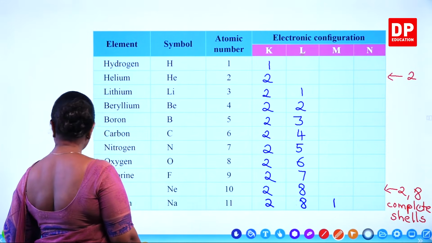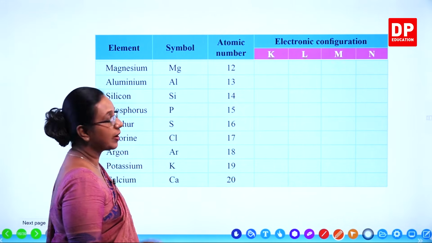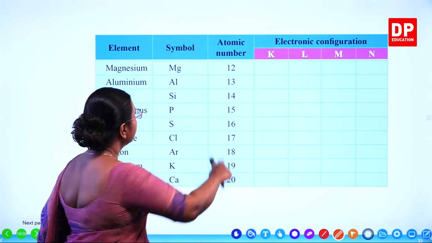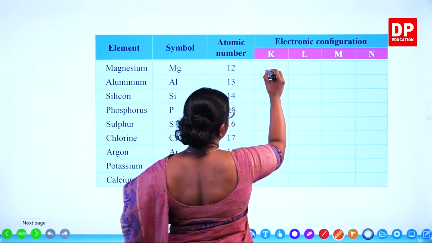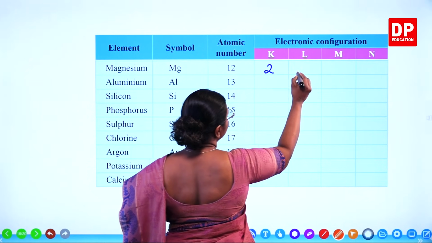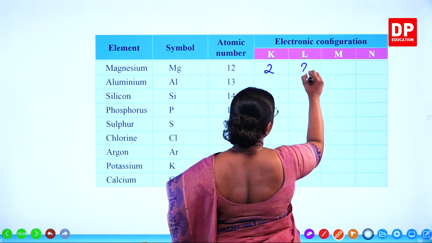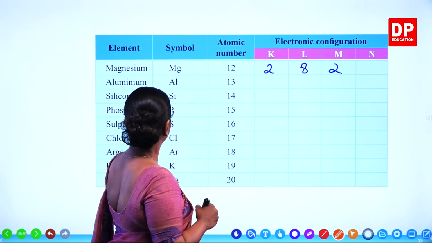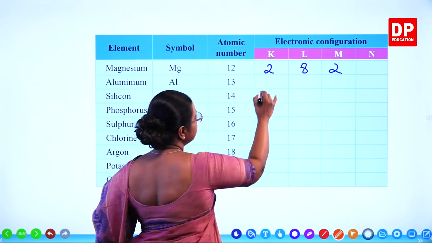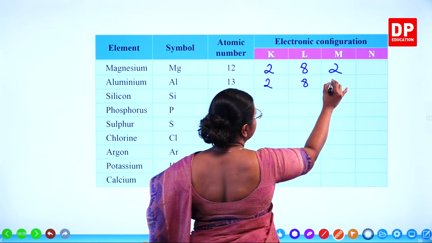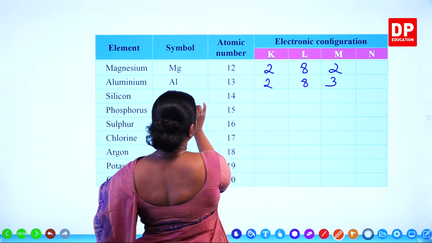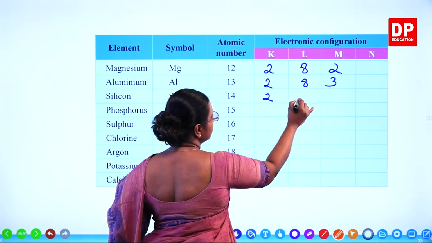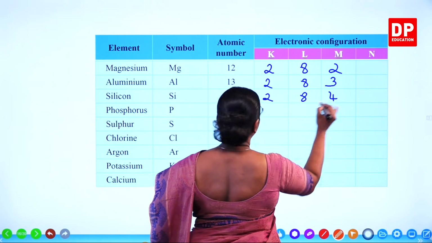We'll go to the next set of elements. The next one is magnesium, atomic number 12, so 12 electrons. Now you know to write the configuration: 2, 8, 2. That's correct. Then aluminium, 2, 8, 3. Silicon, 2, 8, 4.